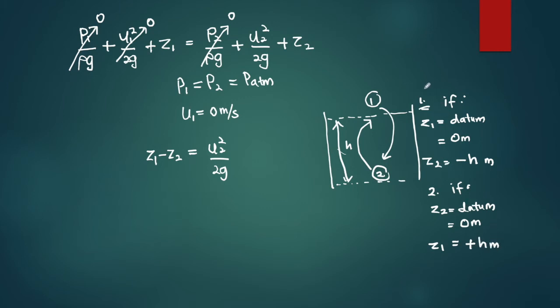Now I will take point number 1, which means step number 1, if I choose Z1 as a datum. Z1 is the datum, therefore I substitute Z1 here as 0, then minus, following this equation, open the bracket.